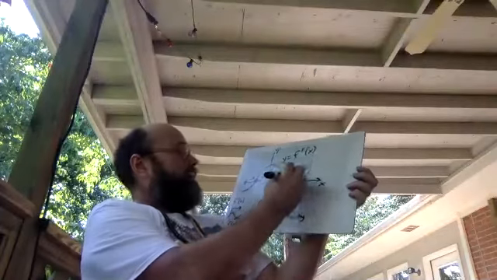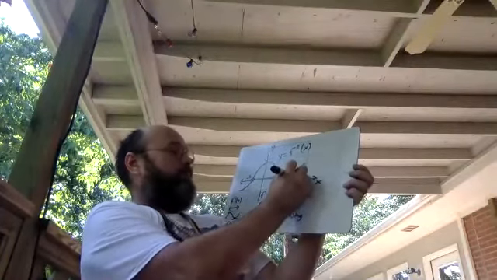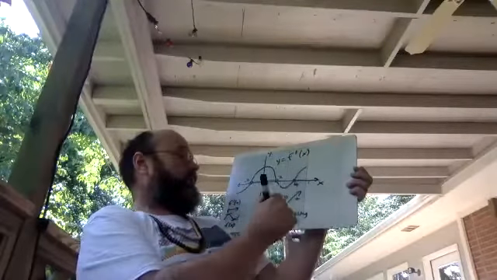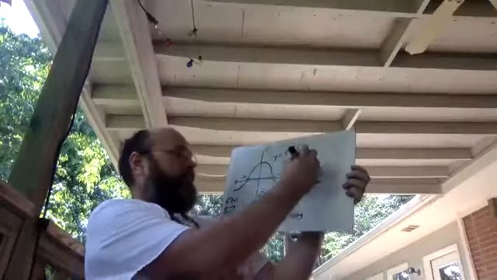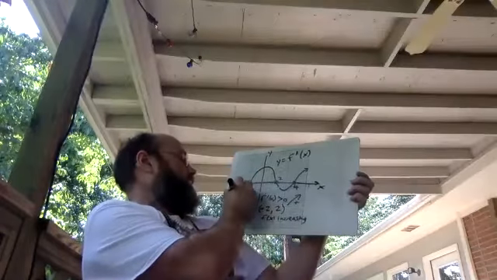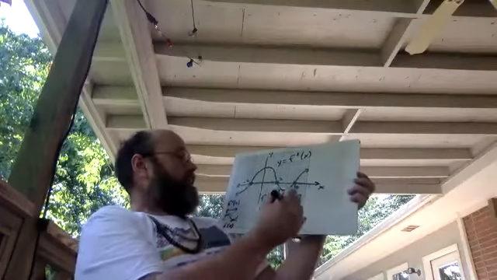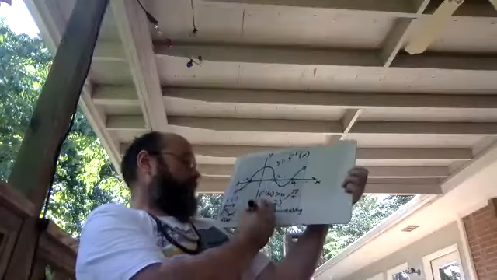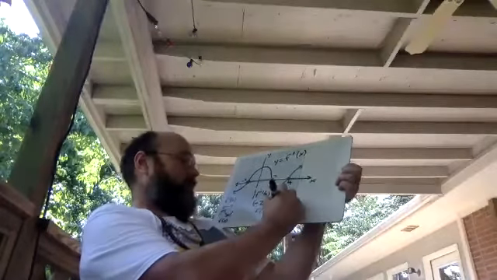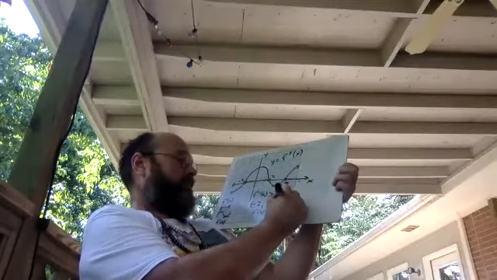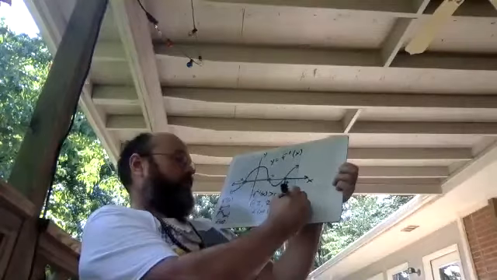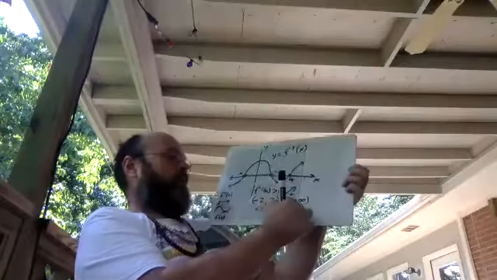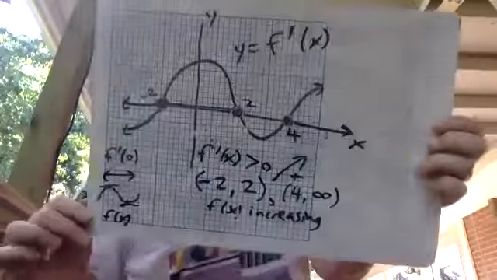It looks like, let's make this be the point 4, just for fun. We assume that this graph is going to keep going up. It looks in this graph like the derivative is also positive above 4. So I'm going to go ahead and put 4 to infinity. Just from 4 on up, it keeps rising.